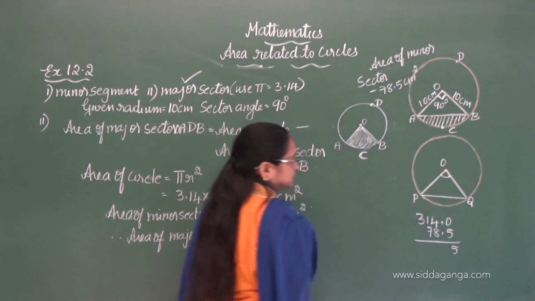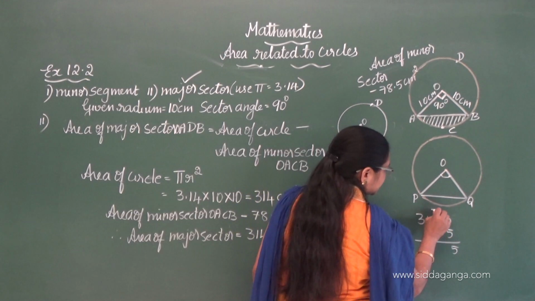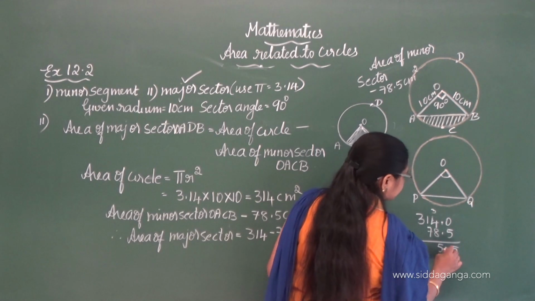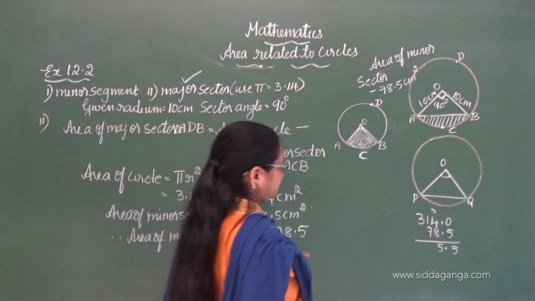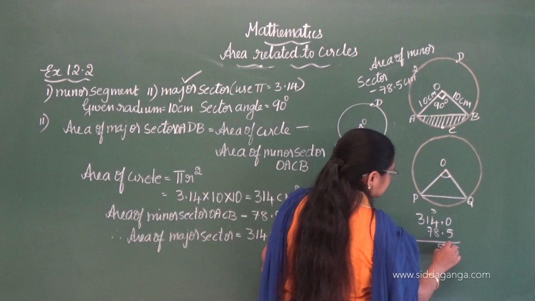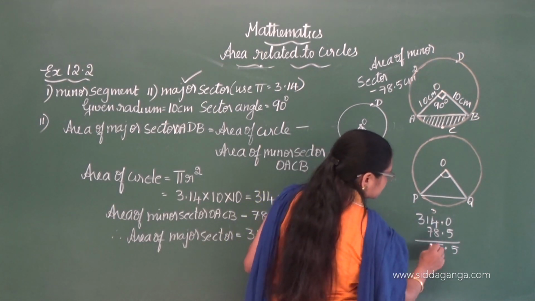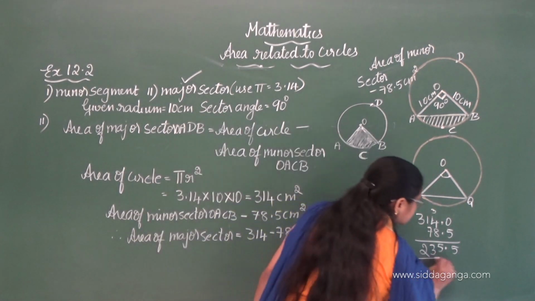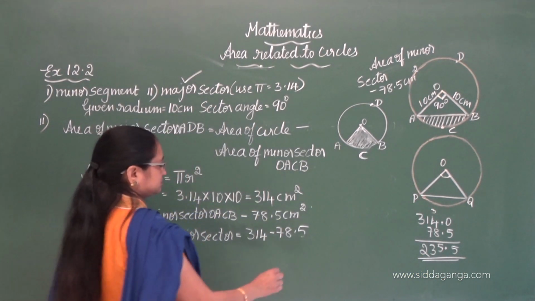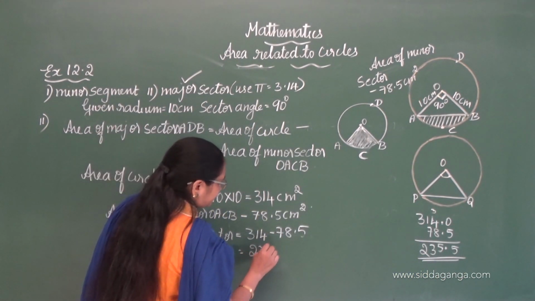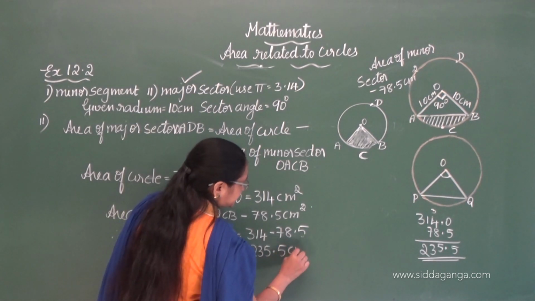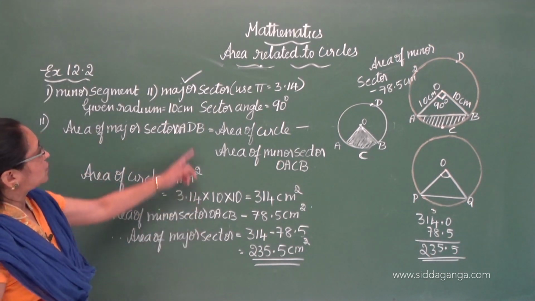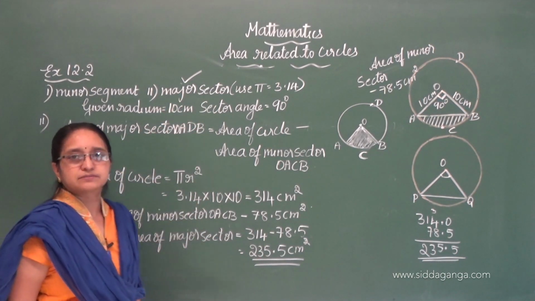So 5, 10 minus 5, 5 here, 13, 9, 10, 11, 12, 13, 1, okay, 5, then here 0, 3, 2, 235.5, correct? So here what is the answer? 235.5 centimeter square. So this is the answer for area of the major sector.